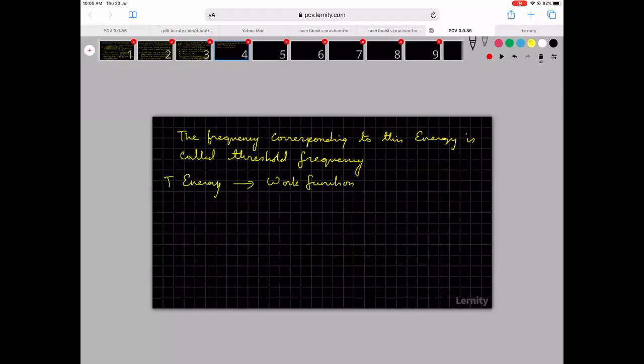That threshold energy is also referred to as the work function. Usually it is represented as W naught. We can also say it is equal to h nu naught, where nu naught is the threshold frequency.